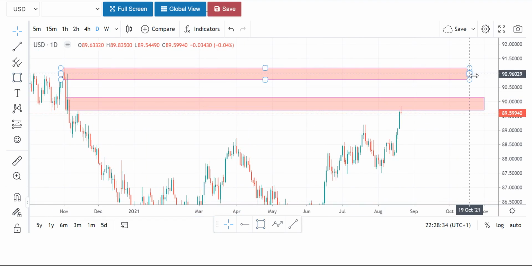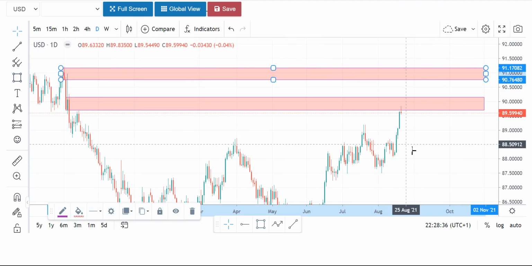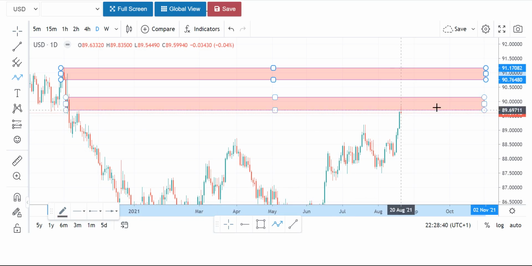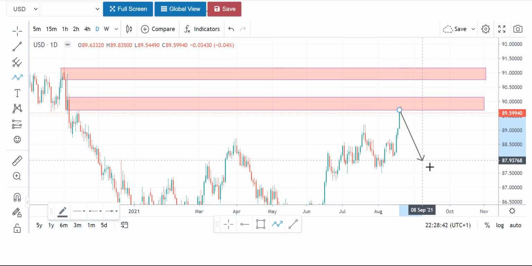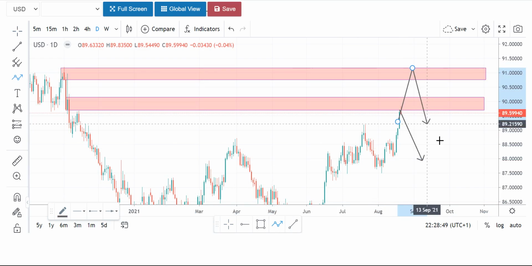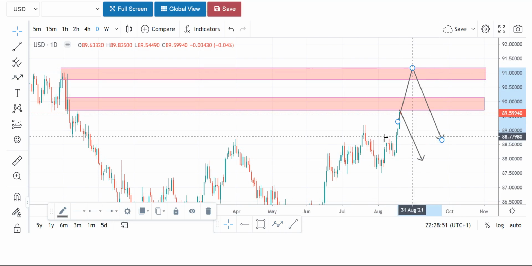We would expect price to get to this upper part, and from there the next thing we may be seeing is either a reversal from this side, or we can expect price to go up to this part, then we expect a reversal. Now, why do we expect a reversal?